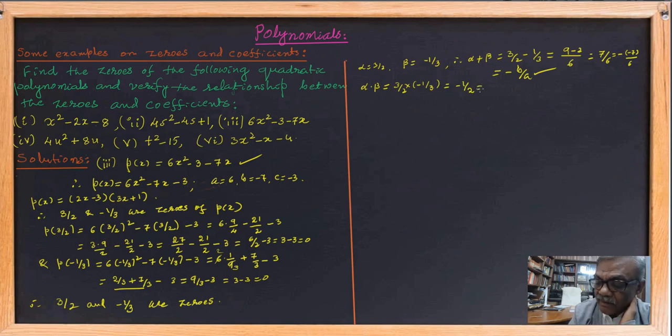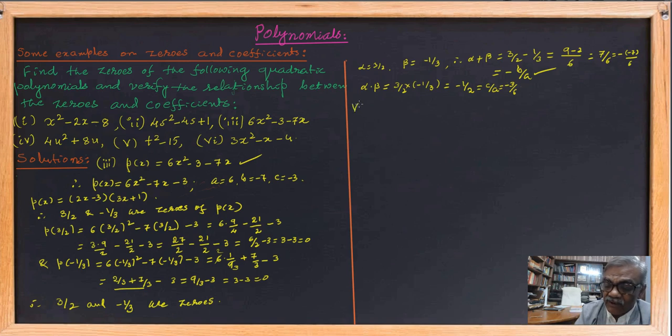Minus 1 by 2 means that is c by a. c is minus 3, and a is 6. That itself gives minus 1 by 2, and hence the relationship is very well established.